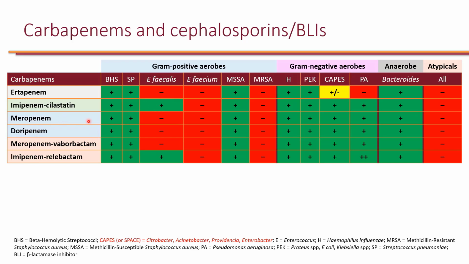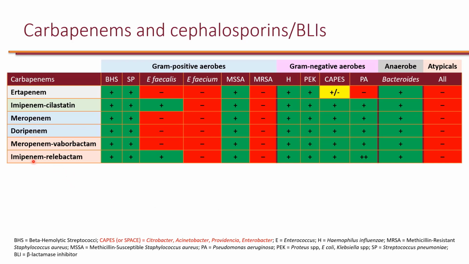Now more recently, we have added beta-lactamase inhibitors to meropenem and imipenem to overcome some of the carbapenemases that are made by Enterobacterales. So you will see that the spectrum of activity in this table looks the same, but essentially the advantage of these two is that if E. coli and Klebsiella happen to make carbapenemases, then meropenem and imipenem alone will no longer be active, and these combinations can potentially overcome those mechanisms of resistance.